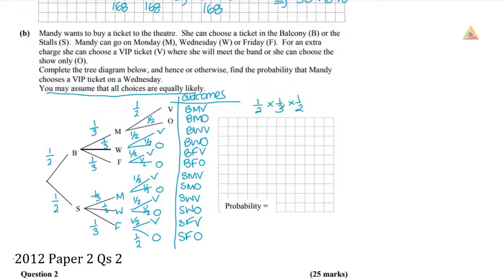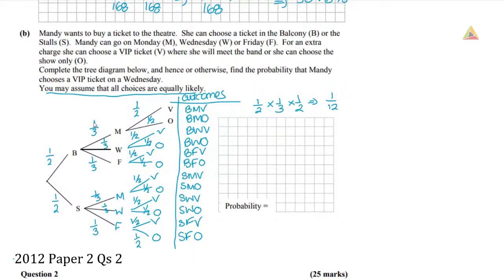So that would be 1 by 1 by 1 on my top line is 1, and 2 by 3 by 2 is 12. But because they're all equally likely, each of these is going to have exactly the same probability because this is 1 out of my 12 possible outcomes. So we said there was 12 possible outcomes here and they're all equally likely, so 1 out of 12.